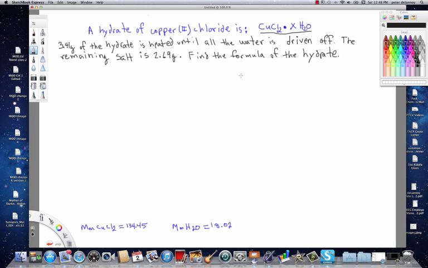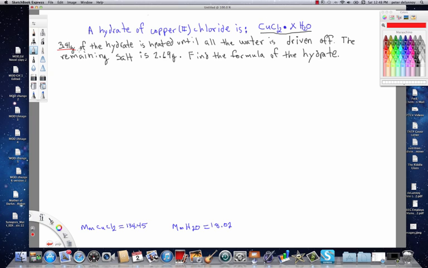It says that we're going to take 3.41 grams of an unknown hydrate. Unknown meaning that we don't know how many water molecules are attached to the copper chloride. We know what type of salt we're dealing with. We just don't know the number of water molecules.